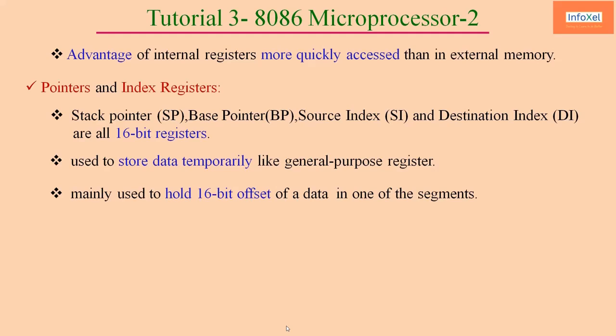We mentioned segments. There are four types of logical segments: code segment, data segment, extra segment, and stack segment. So the offset addresses of these four logical segments are stored in these registers.